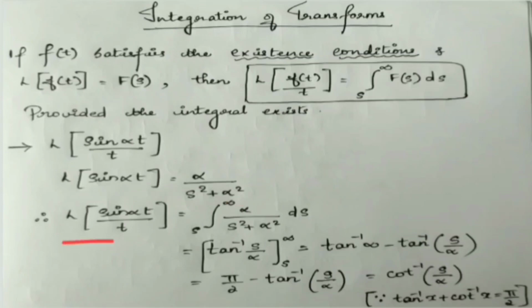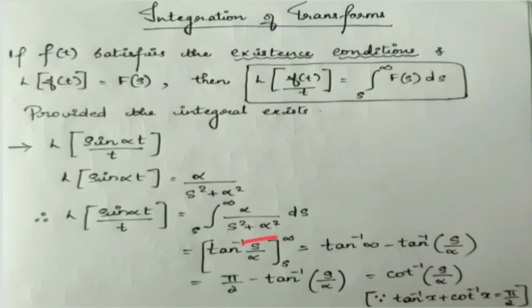So Laplace of sin alpha t by t is equal to integral s to infinity alpha by s square plus alpha square ds. Now we have integral a by s square plus a square is equal to tan inverse s by a.